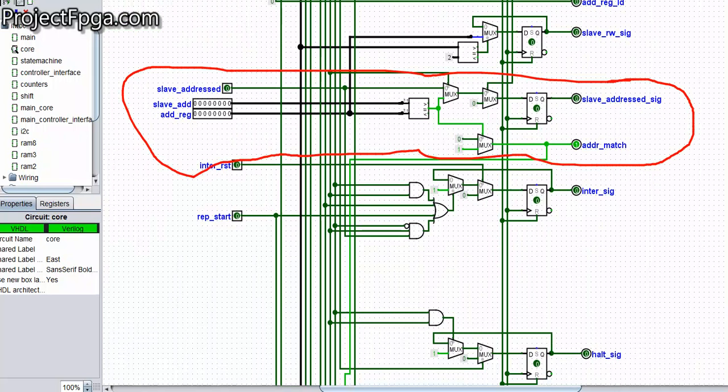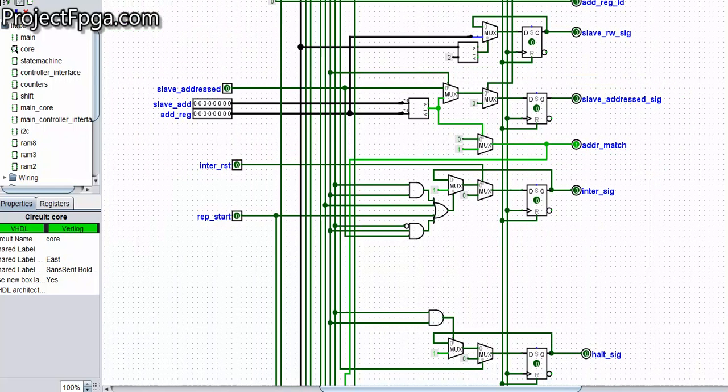This signal, slave address sig and the address match. So what is this? Slave address is the address of the slave, assuming we are operating in a slave mode. We already have our slave address stored, and remember that the first 8 bits is going to be the address which is going to be sent by the master, and it's going to be stored in this address register.